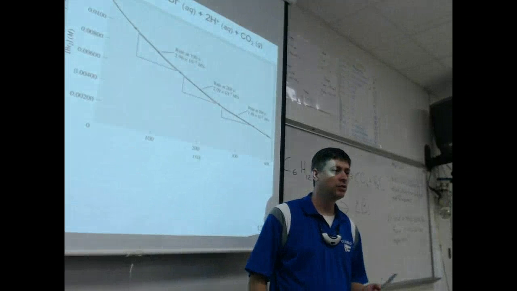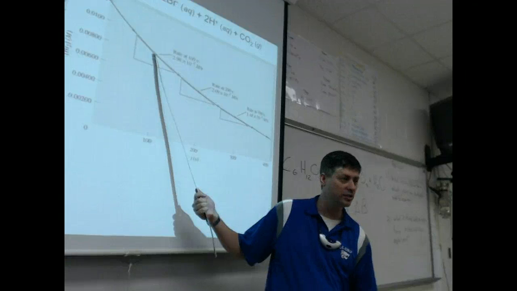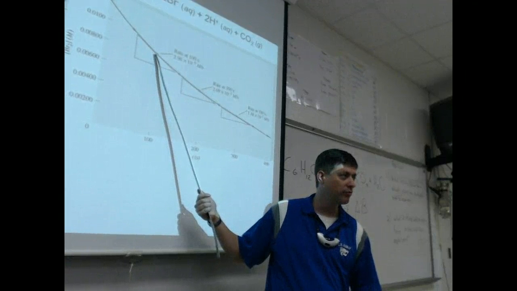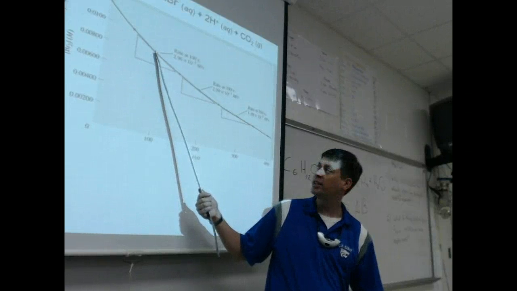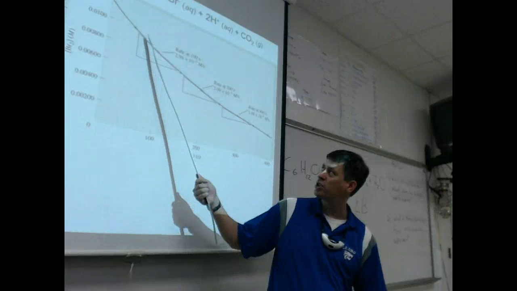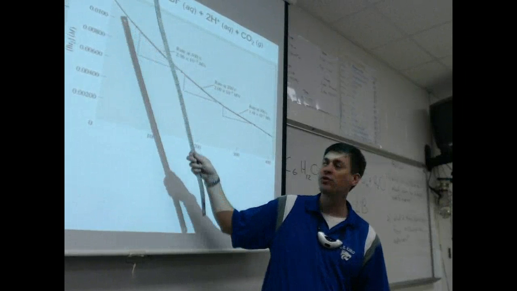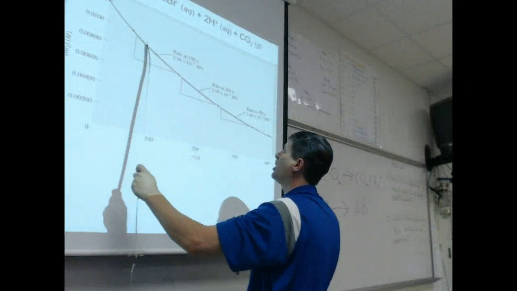When I say the line tangent to this point at 100 seconds, what does that mean, tangent? It's straight, yes, and it only intersects this curve at that one point. So this line only intersects that curve at that one point, so this is the line tangent.